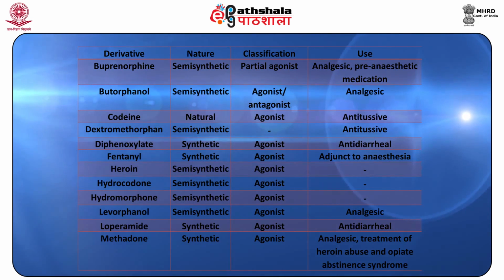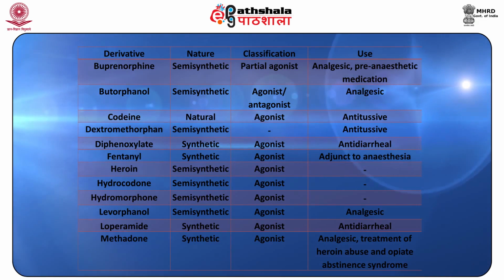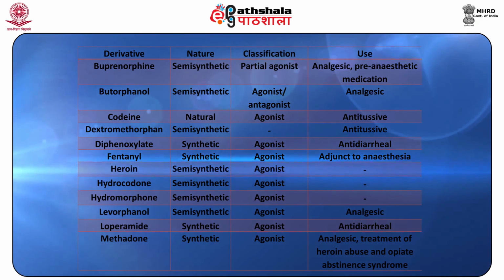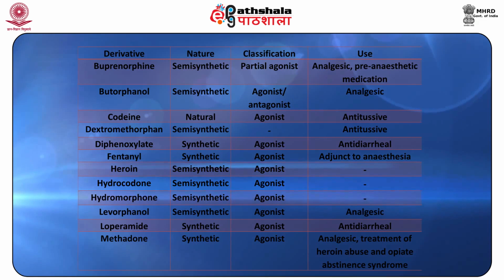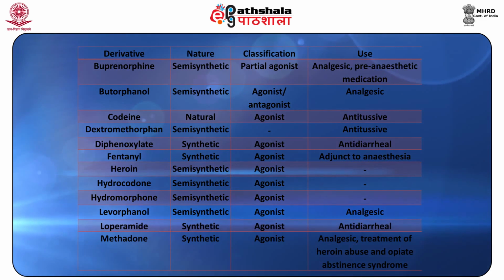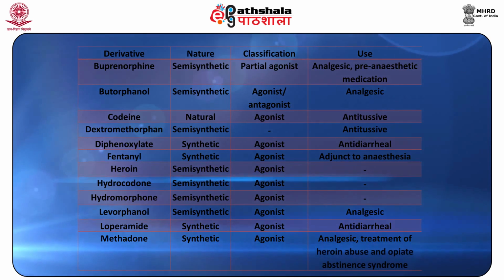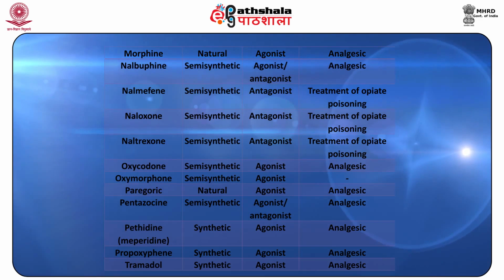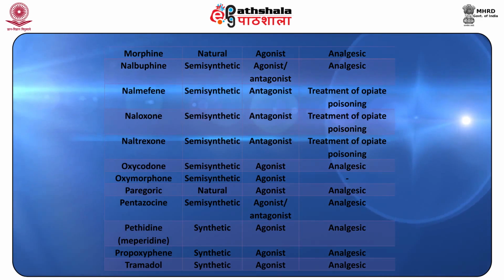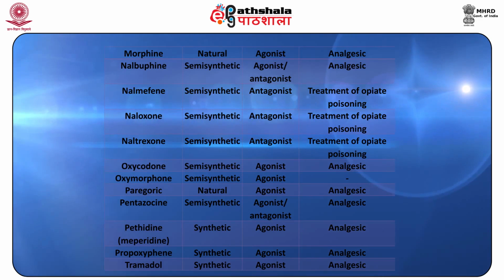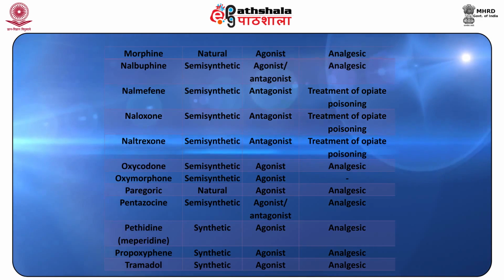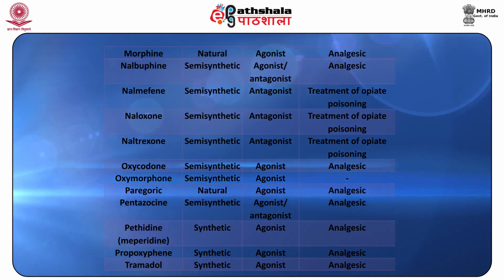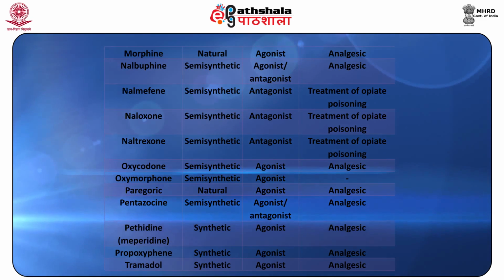Derivatives include buprenorphine, butorphanol, codeine, dextromethorphan, diphenoxylate, fentanyl, heroin, hydrocodone, hydromorphone, levorphanol, loperamide, methadone, morphine, nalbuphine, nalmefene, naloxone, naltrexone, oxycodone, oxymorphone, paregoric, pentazocine, pethidine, propoxyphene, tramadol.